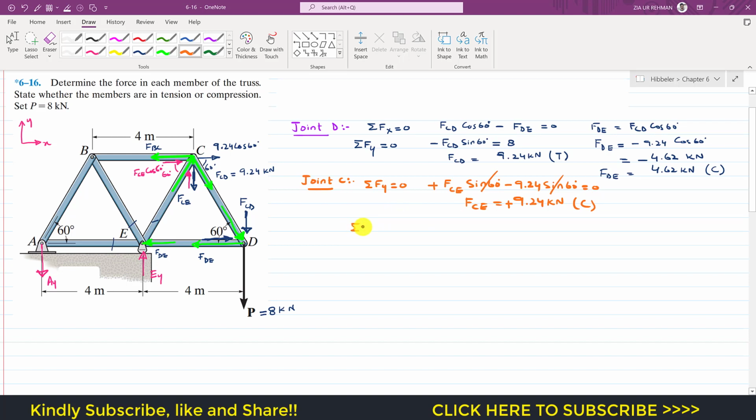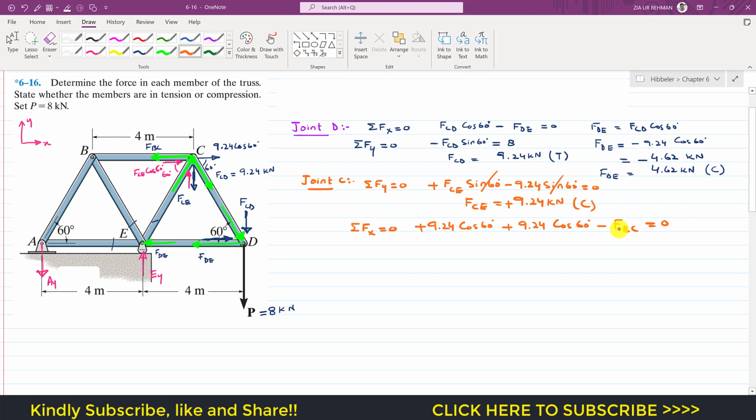Similarly, if we apply the summation of forces along x equals 0, as we can see this cos component of FCD is acting in the positive x, so I will write plus 9.24 cos of 60 degrees plus this FCE cos component, so plus 9.24 cos of 60, and minus this FBC, so I will write minus FBC.